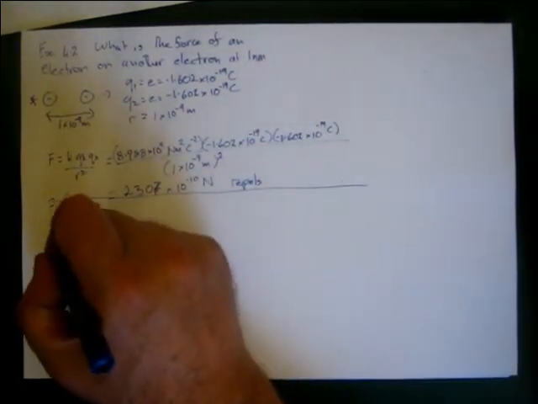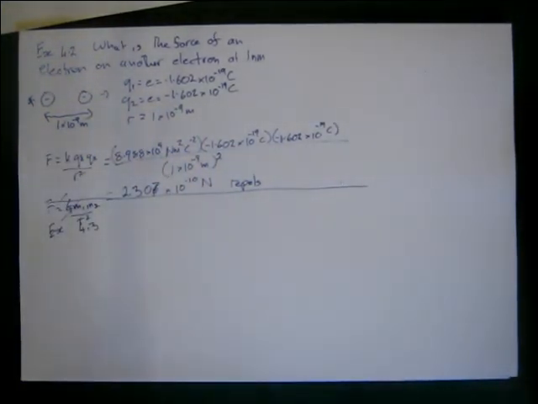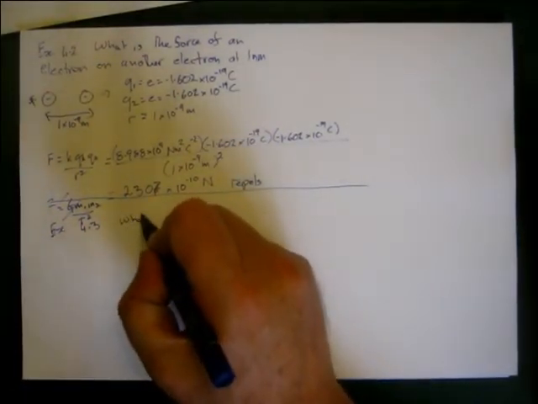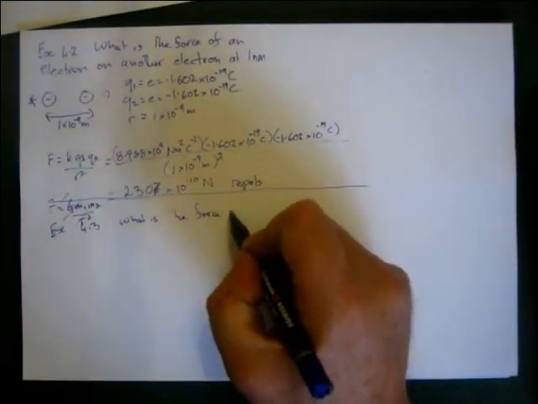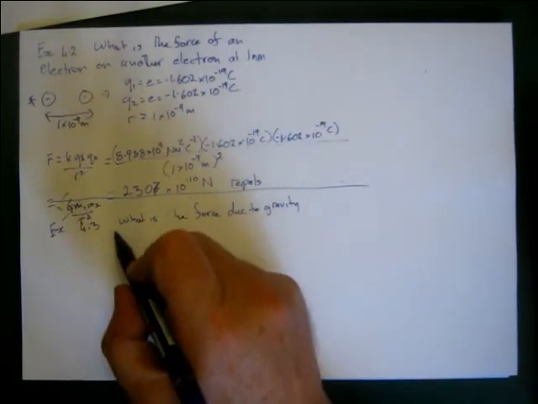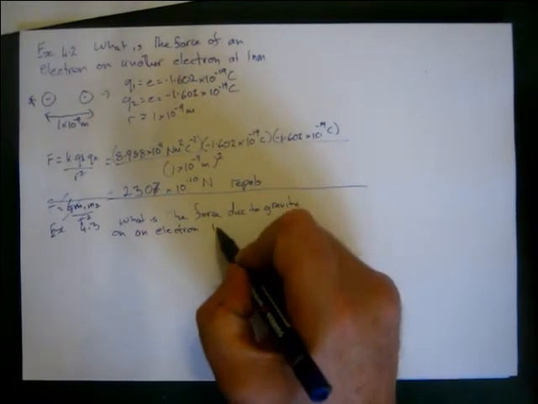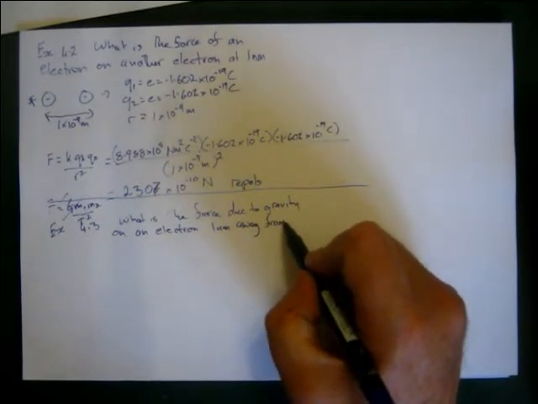This is exercise 4.3, I believe, and the question here is, what's the force of gravity on an electron one nanometer away from another electron?